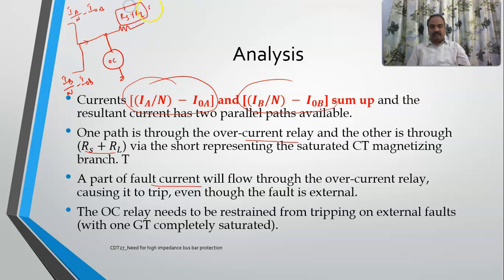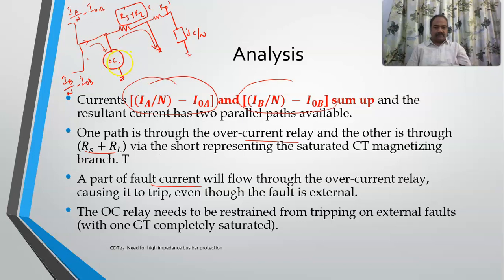So these are of C. Its magnetizing circuit is shorted. And here I do have RP dash. So whatever the current which I am getting here, the addition of these currents, now it has to flow either through this one or to this one. Right? It has two paths.